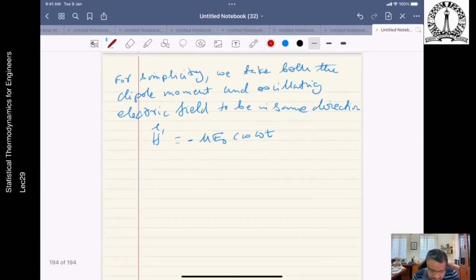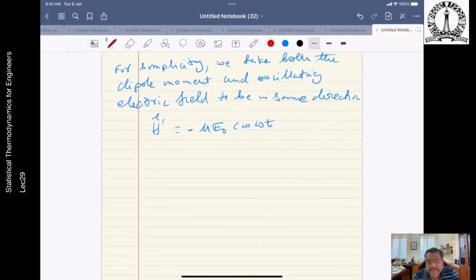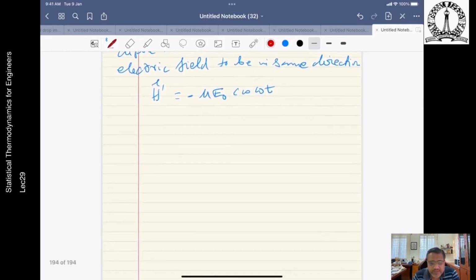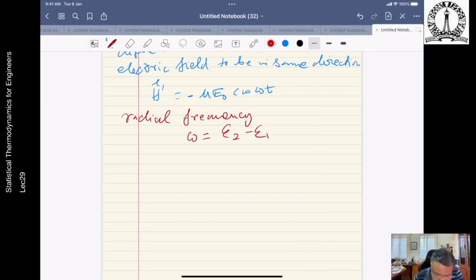So this is the cos omega t, where the radial frequency is written as omega equal to E2 minus E1 divided by h bar. Remember that E2 is the higher energy level, greater than E1.